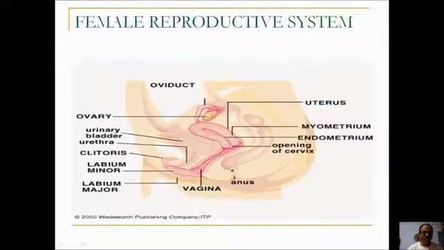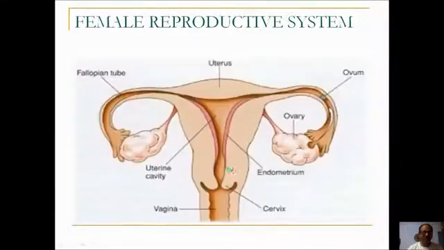So we can see that the female reproductive system has the ovary. There are two ovaries, and they are connected with the fallopian tube. The fallopian tube is divided into the hairy part, which we call the infundibulum, then we have the ampulla, and then the isthmus.